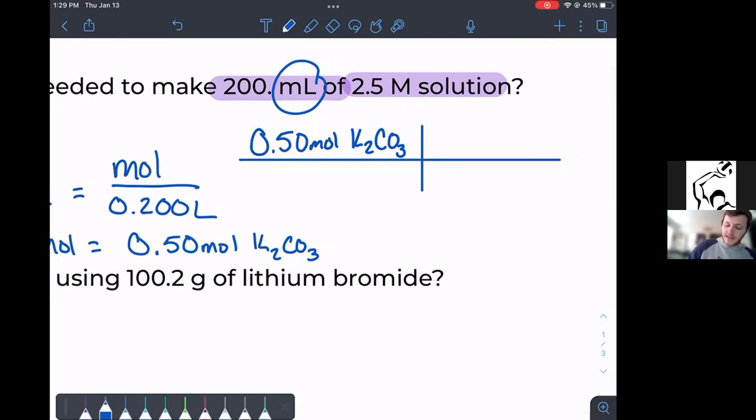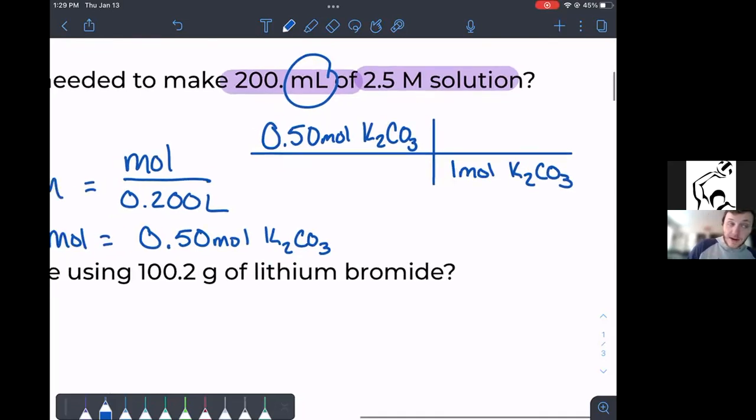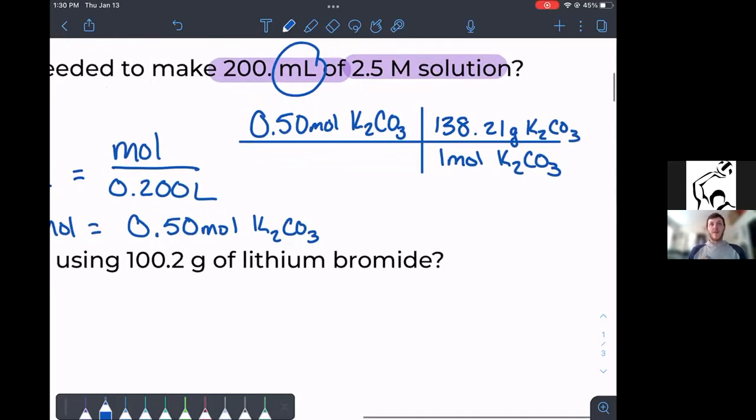I have moles on the top on the far left, which means I need moles on the bottom on the right. And if I have moles on the bottom right, I need grams on the top right, which is 138.21 grams of potassium carbonate. I'm going to multiply my 0.50 times my 138.21 to get my value of 69 grams of potassium carbonate, with correct sig figs.